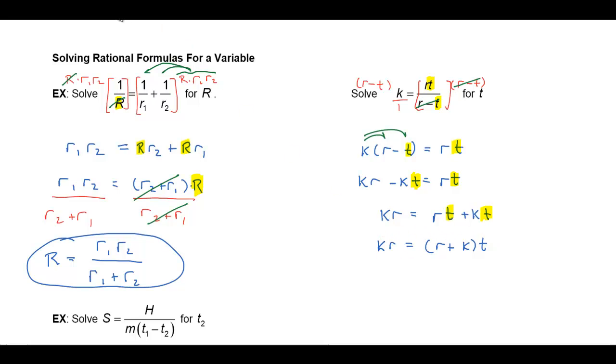So let's go ahead and divide now by the coefficient, the r plus k. And so I'm going to end up with my t value. Again, I'll write that over here on the left because the r plus k's are going to cancel. And I'll have, let's write it in alphabetical order, kr over k plus r. Okay?